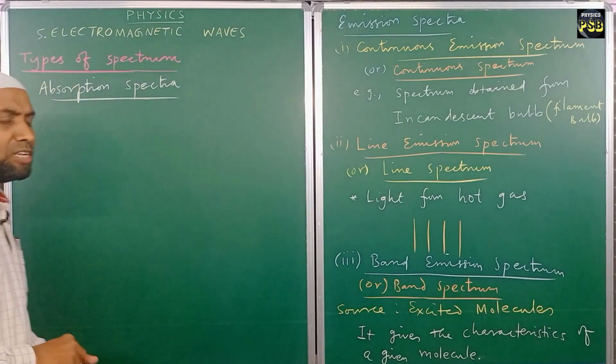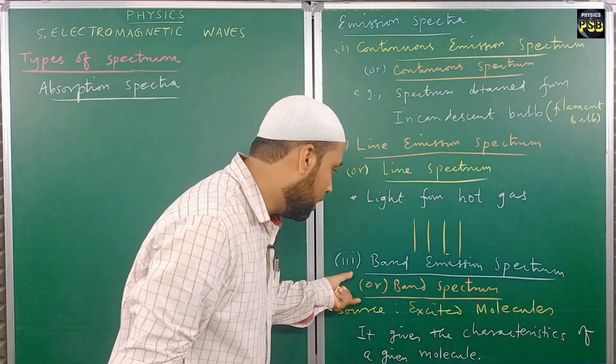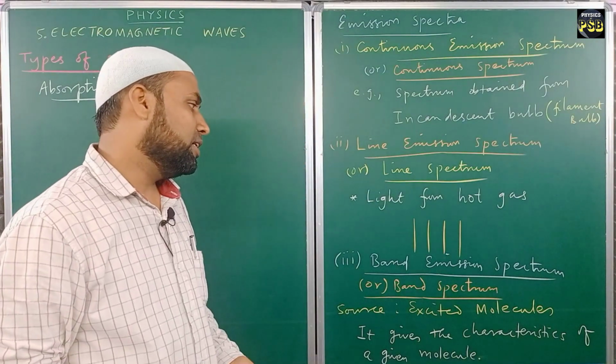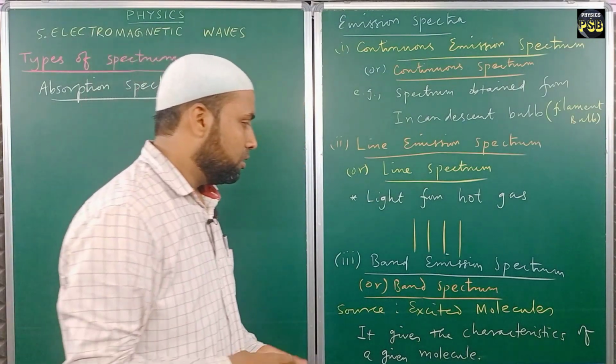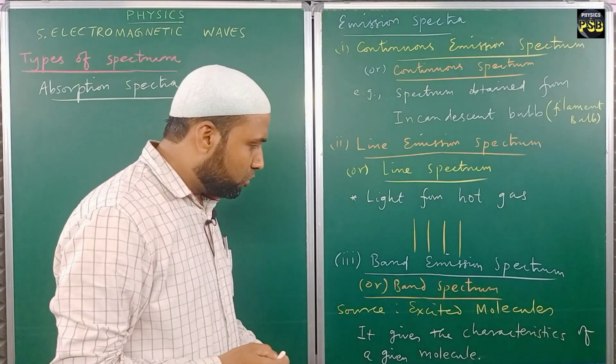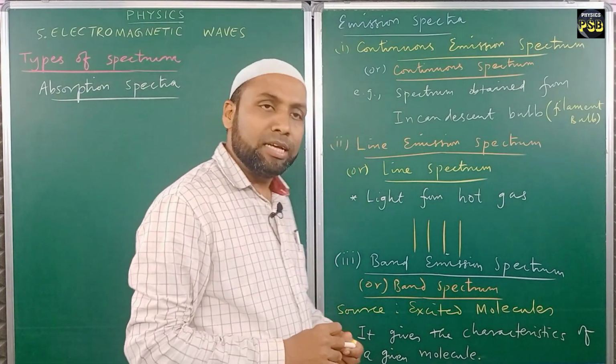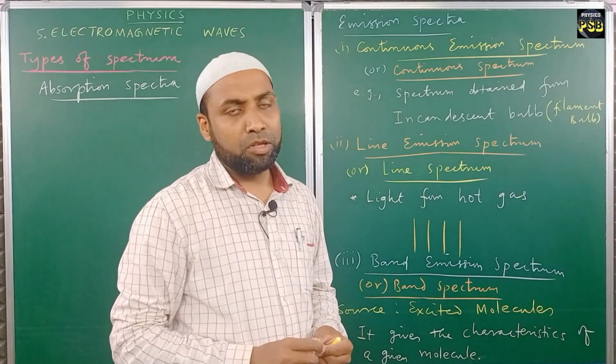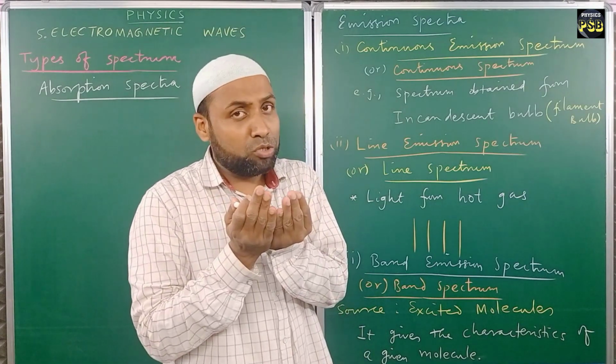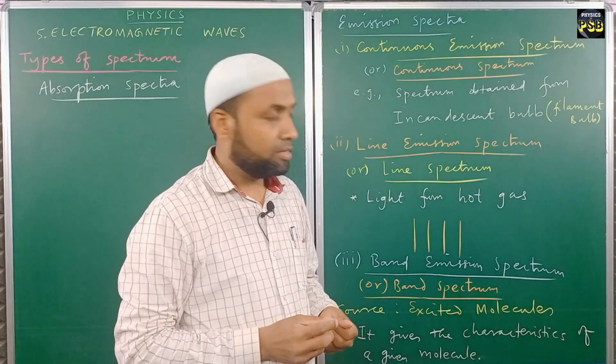Now before that, let me provide some additional information about the band spectrum. As I told you, it consists of a large number of spectral lines which are present very close to each other, so they appear like a band.